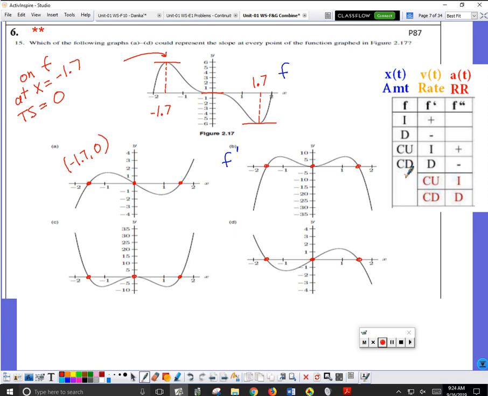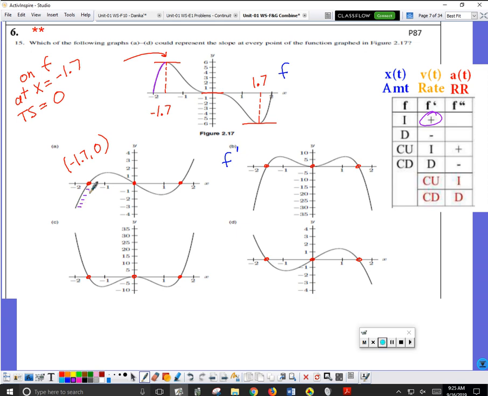So here we go. F is increasing. So right here, this purple section of F is where F is increasing. So that's from x equal -2 to x equal 1.7. That means on that same span, the y coordinates of f prime must be positive. These y coordinates are negative.